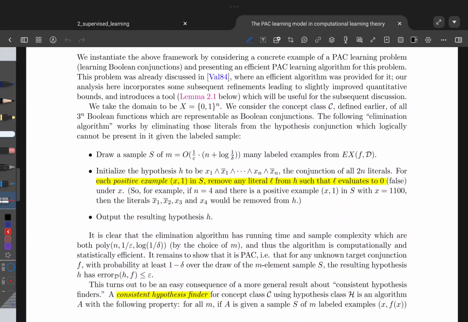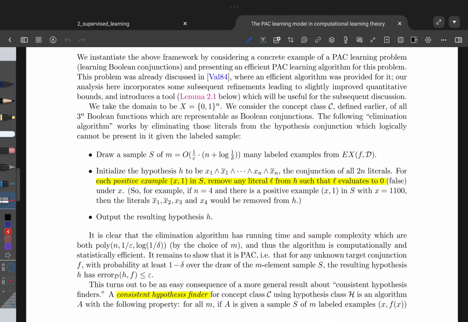So you observe a set of samples, which is a binary string and the function value. All right. So every function basically looks something like this, right? It is maybe x1 and x2 bar and x3 and x5 bar and so on, where by bar I mean the complement, right?